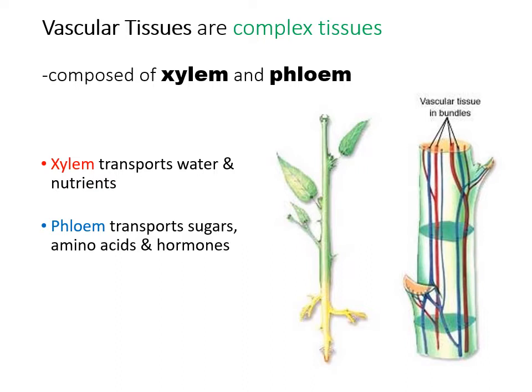Xylem is transporting strictly water and nutrients. When I say nutrients, we're talking about fertilizer or minerals like nitrates, potassium, and calcium. Phloem is transporting sugars and proteins and plant hormones. So it's sort of like the xylem is the water line, and the phloem is more like your Coke dispenser line.